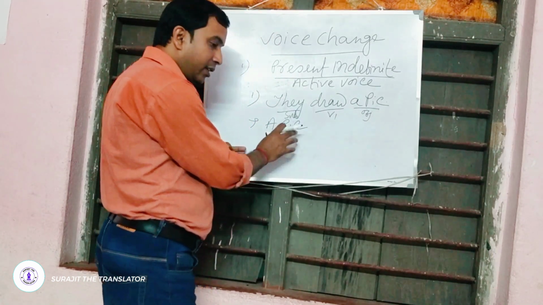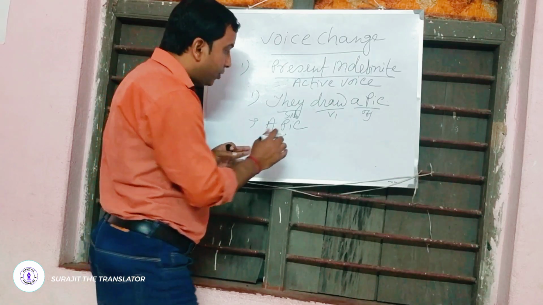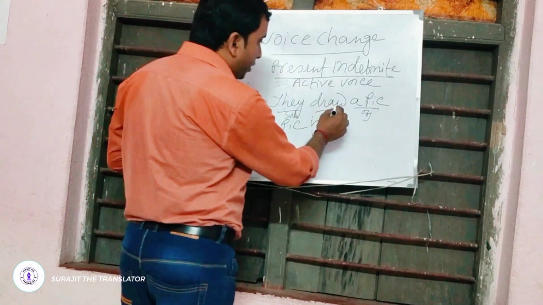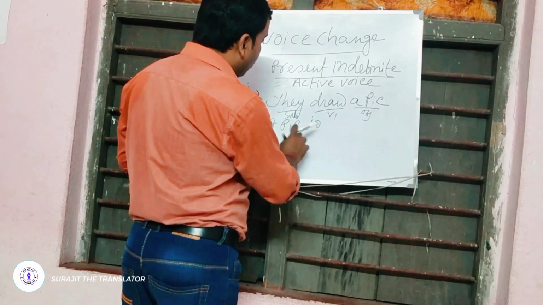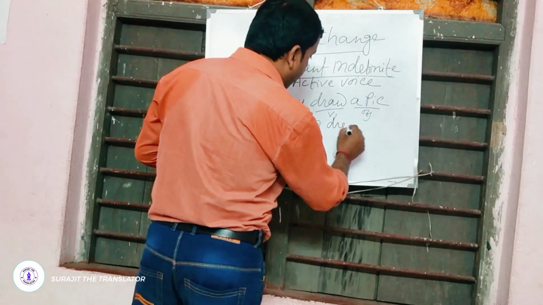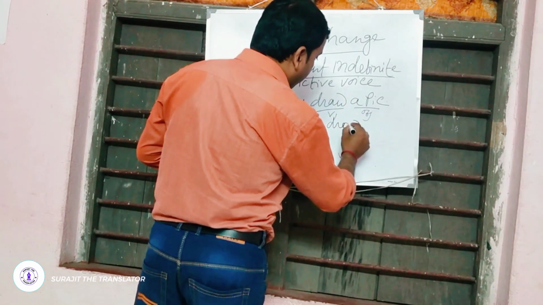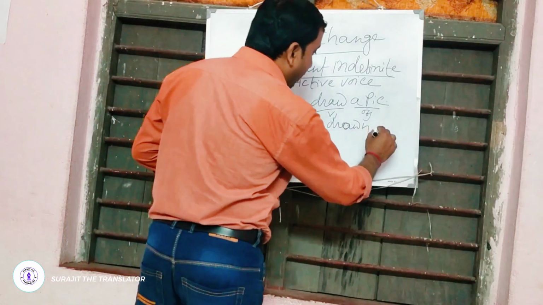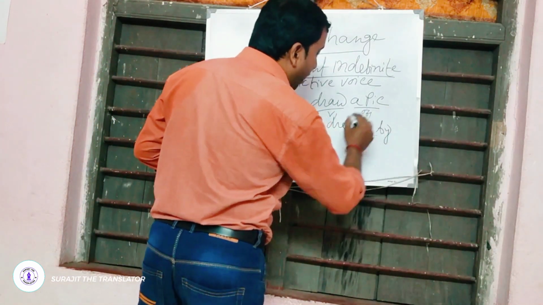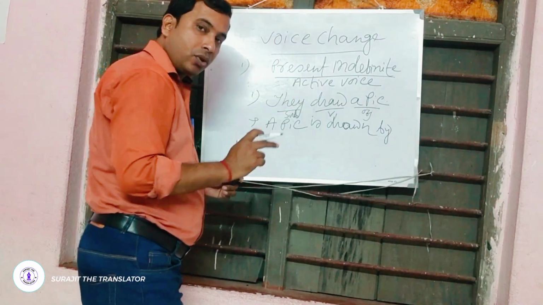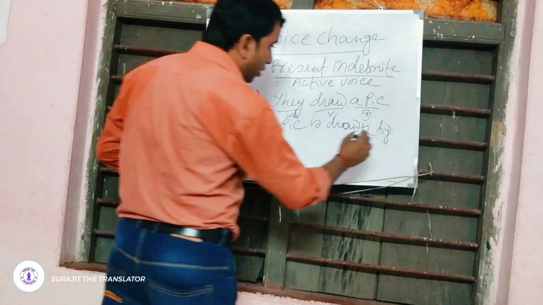A pig is a singular noun, so you should write is. Then you should write the third form of draw. Then put a preposition, by, and transform the subject into an object, that is, them.